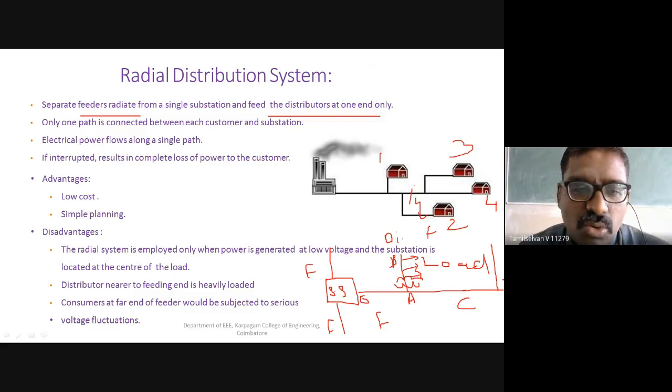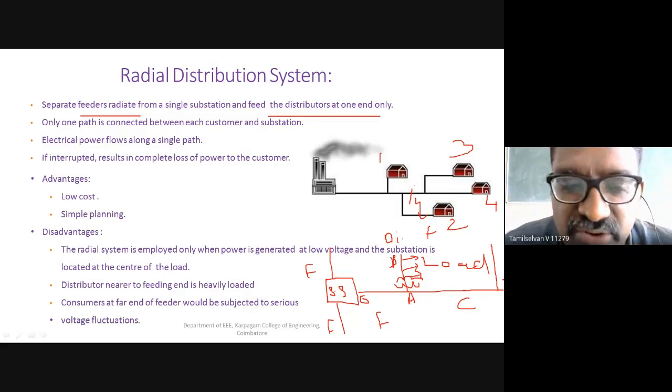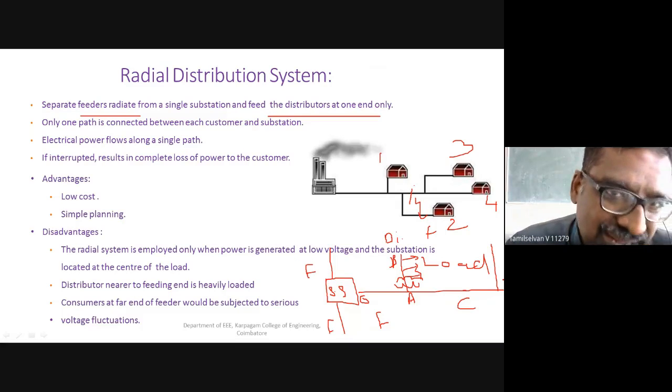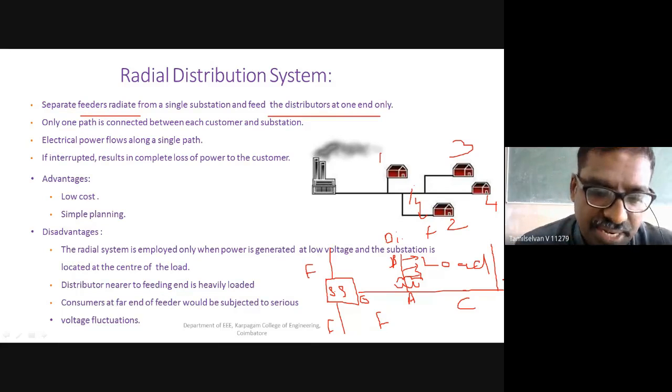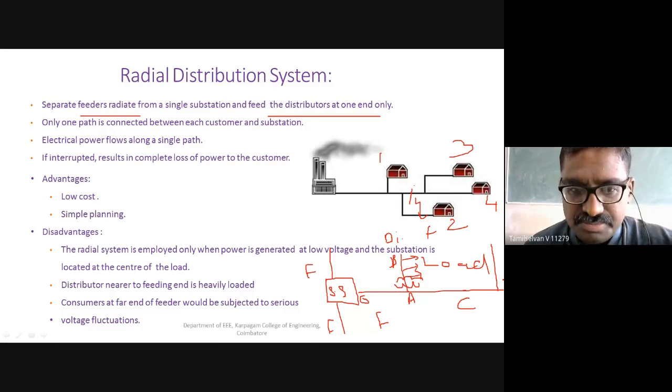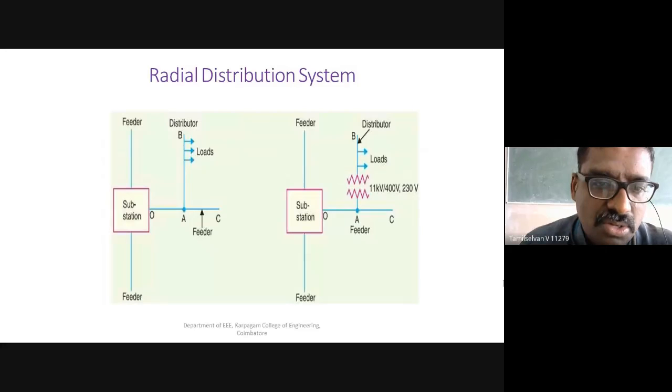So this is one of the main disadvantages of our radial distribution system. Here we have the substation, and from the substation we have the feeders.